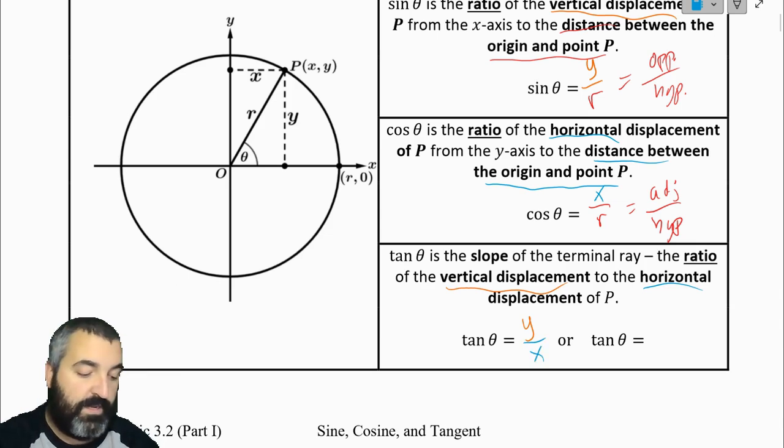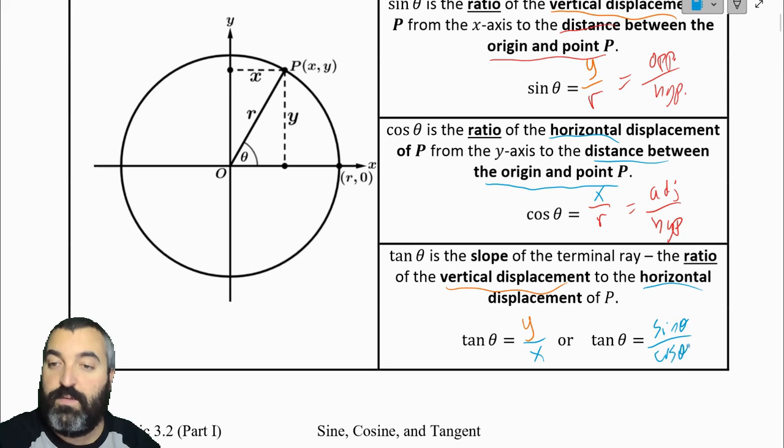So it is y over x, which can also be rewritten as the sine of theta over the cosine of theta, which is also all the same as saying the opposite over the adjacent side.